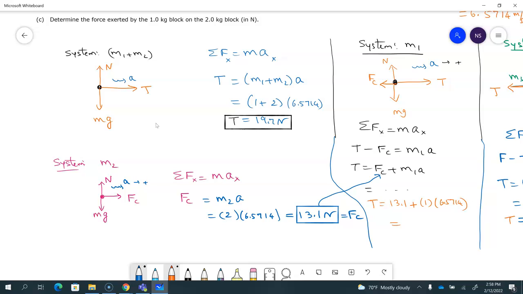So if I take that 6.5714, multiply by 1, plus 13.1, I get 19.67 or 19.7 newtons. Exactly what you got earlier. So there is more than one way to do all these problems. Okay, I'll stop here.